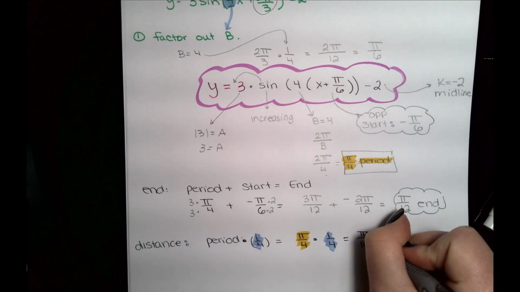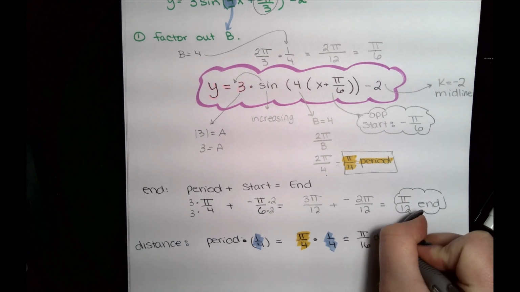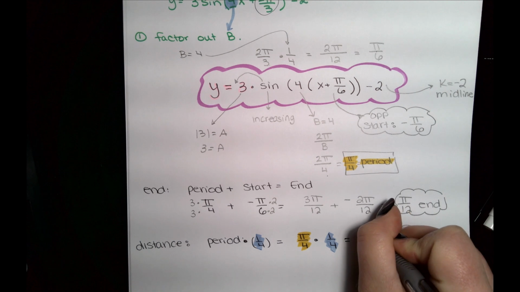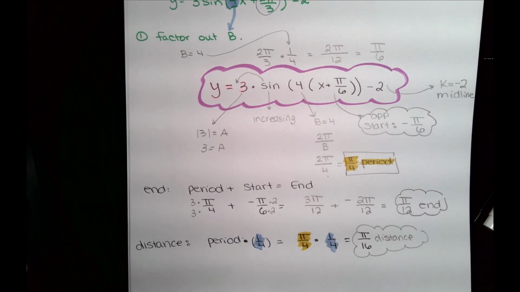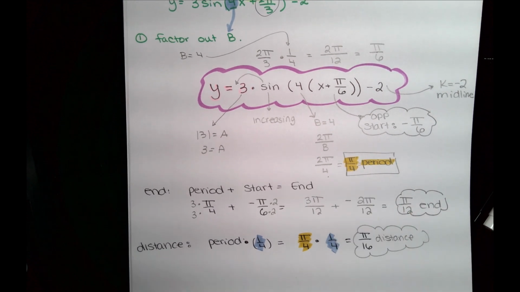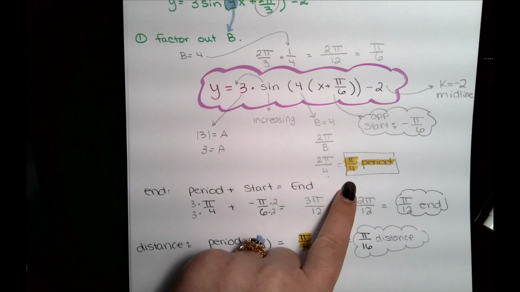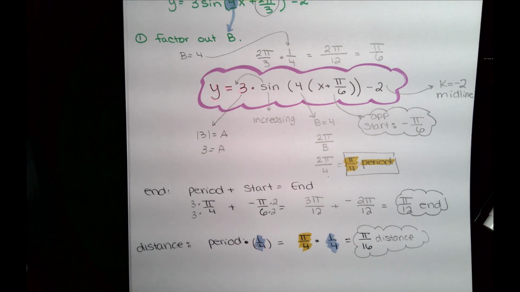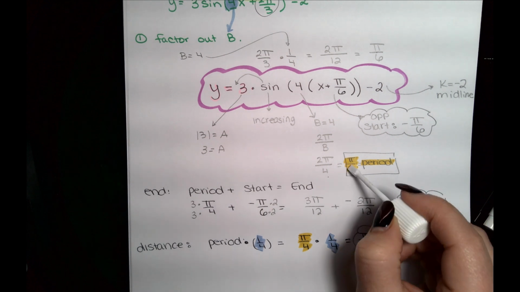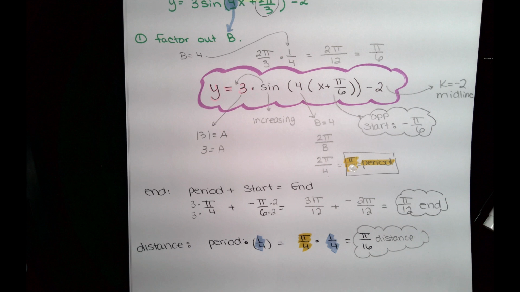This is going to be interesting. And the reason I make that comment is because if you take a look, our period is pi. Oh, that's why. Do you guys see it? I was looking at our denominators of 16 and 12, and something was going to be very wrong. So I take a look at my period, and I notice my period is off, because I simplified 2 pi fourths into pi fourths, which is wrong.